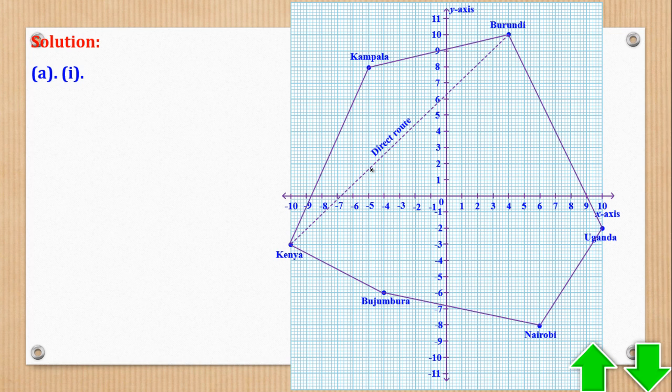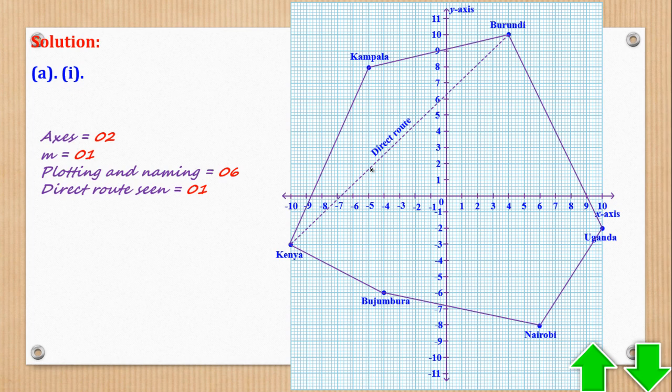For 2, they also want the equation of that route. So before we do that, let's see marks for the slide. Then for these ones, it means we are going to get an equation of a straight line using these 2 coordinates for Kenya and Burundi.